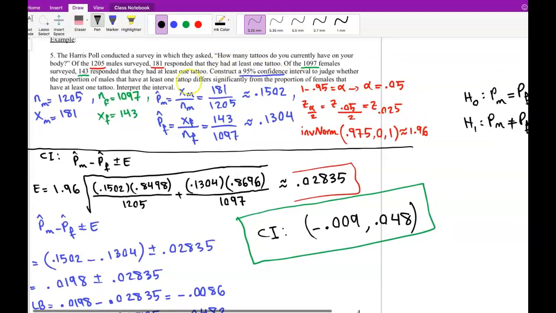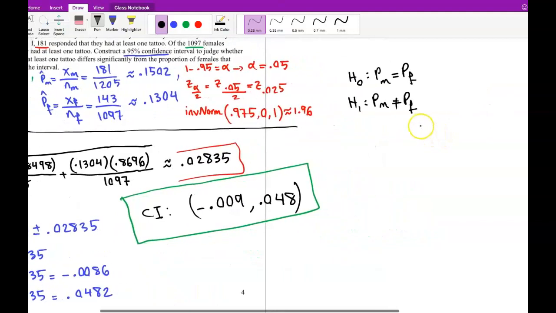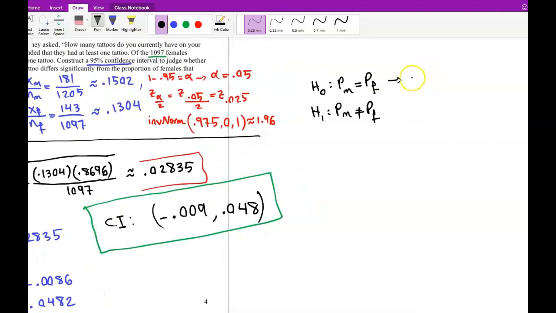Because here again, we don't see any greater than or less than. We only want to compare these two groups. So what that means is that these two population proportions are equal, the difference is 0. So we have that 0.